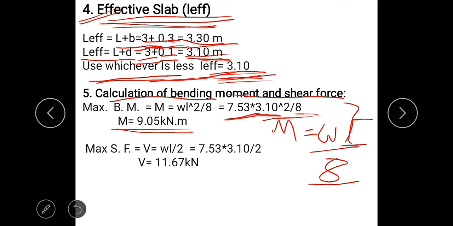In fifth step we calculate moment. After that we have to find shear force. So for the reaction of a simply supported slab, the formula is WL by 2. With WL by 2 we find the reaction, meaning shear force V. Reaction R equals WL by 2.